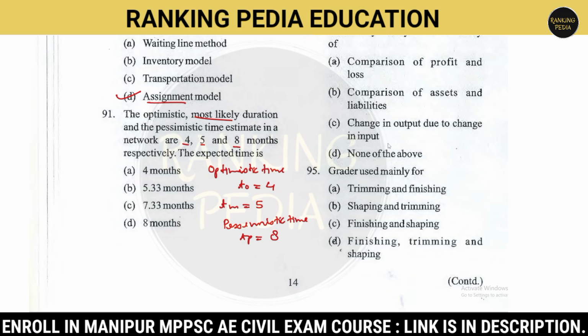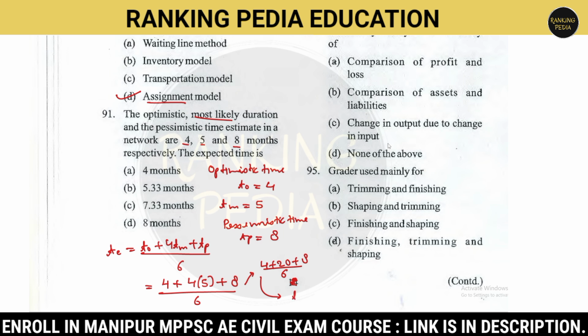For calculating the expected time, the formula is To plus 4 times Tm plus Tp, whole upon 6. You can use a calculator over here, or you can also solve it without a calculator. To value is 4, plus 4 times Tm which is 5, plus Tp which is 8.